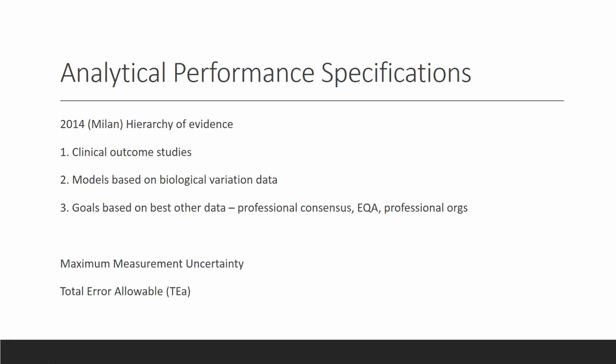For example, we might define that the coefficient of variation that's acceptable for creatinine is 10% along its entire measurement range. Now, this would be known as an analytical performance specification, and these are agreed by expert consensus. And there was a conference in Milan in 2014, an EFLM conference, that defined a hierarchy of evidence, or updated a hierarchy of evidence that should be used to define these analytical performance specifications.